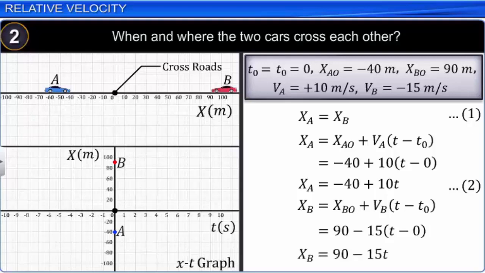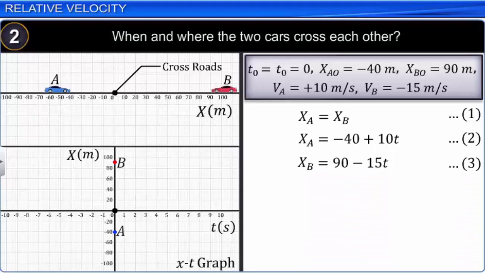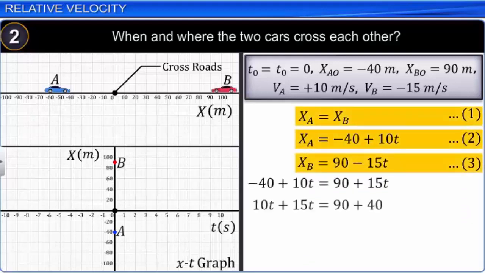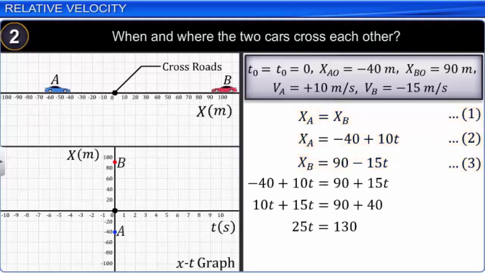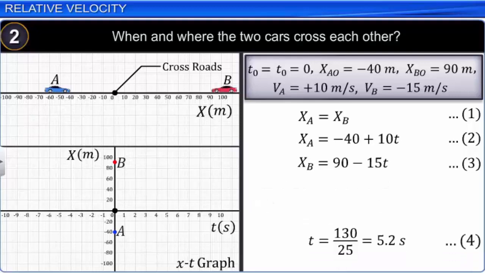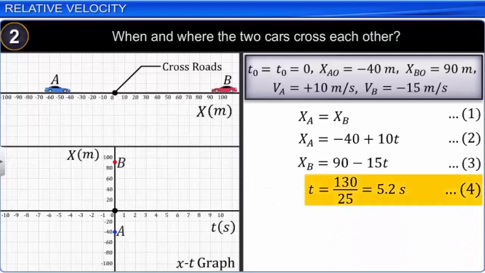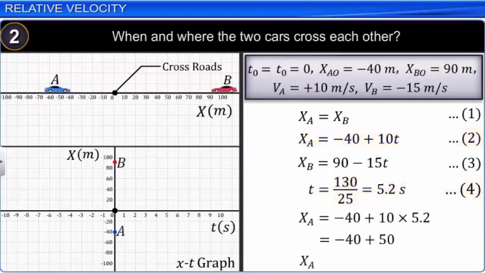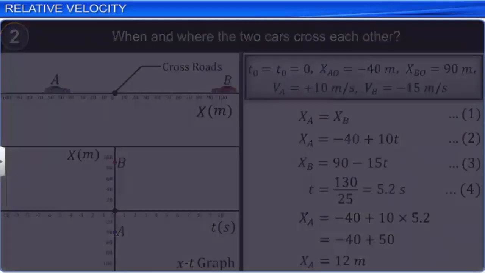Substituting equations 2 and 3 in 1, we get t equals 5.2 seconds, which is equation 4. Substituting equation 4 in 2, we get XA equal to 12 meters. Therefore, the two cars cross each other at 5.2 seconds when the position coordinate is 12 meters.